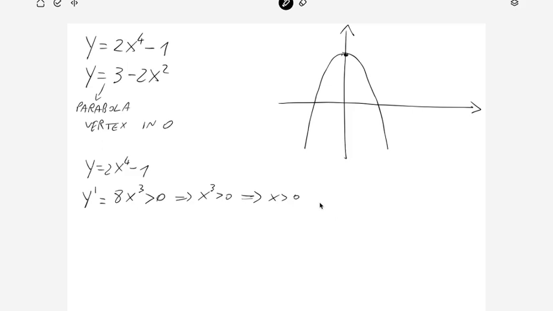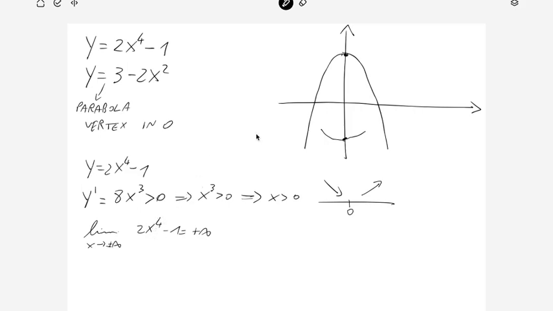So the function is decreasing and then increasing, so its minimum is in 0. And then the function increases and goes to plus infinity, because the limit when x goes to plus infinity of 2x to the 4 minus 1 is plus infinity, of course, because x to the 4 goes to plus infinity. And also plus infinity at minus infinity, because x to the 4 is an even number, so this is positive.